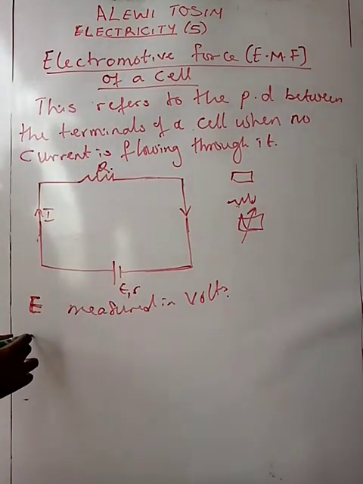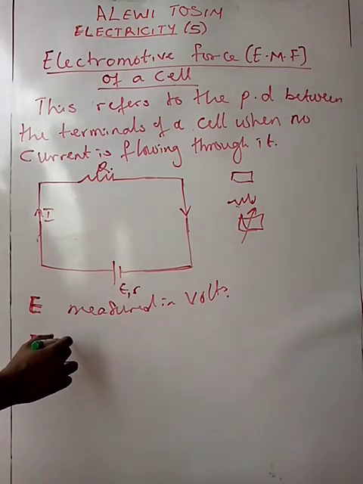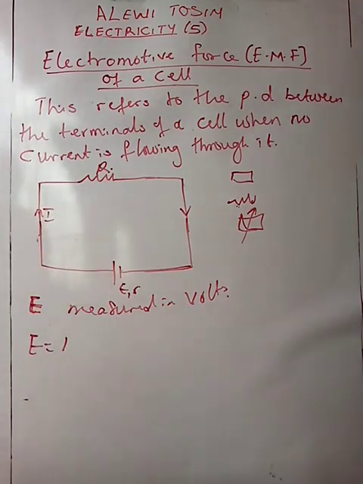Now we say it is given as E, from our Ohm's law, when we say that V is equal to Ri. From there we can say that V is the potential difference. In this case, when current is not flowing through the circuit, our potential difference is E, which is the electromotive force.